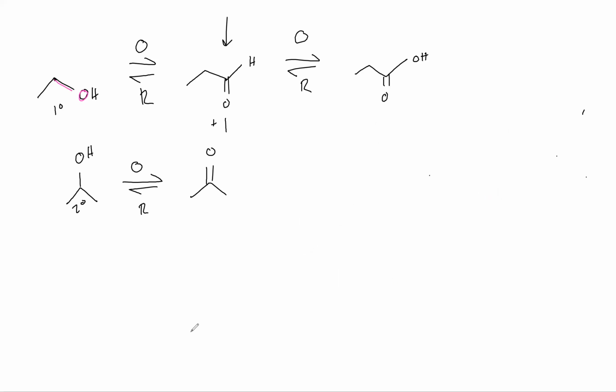So that means, yes, we can use PCC or chromium. Let me see the question again. PCC can be used for anything like K2Cr2O7. Yes, okay. So most of the time, you'll be using K2Cr2O7 to oxidize all the way to a carboxylic acid, where PCC will be used if you only want to oxidize once. I keep mixing up reduce and oxidize. I meant oxidize once, okay?